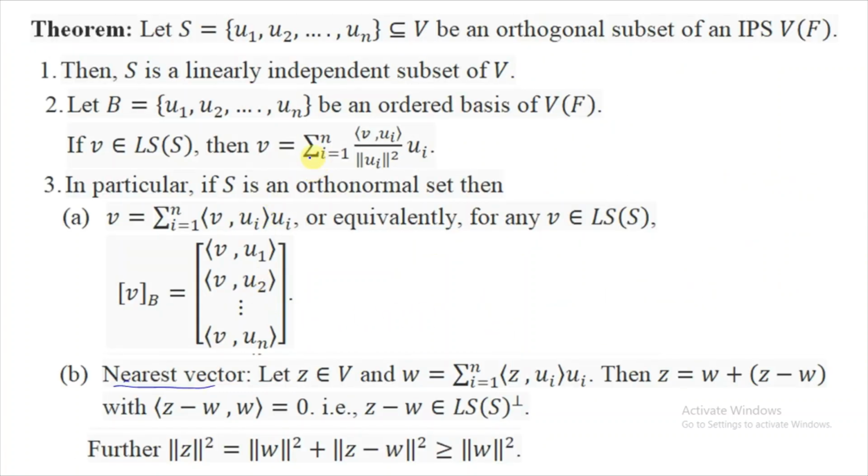The next one, be an ordered basis. It's a basis. If it's an ordered basis, we can write: suppose V belongs to the linear span of S. Now you have to prove this. Second one: let V belong to the linear span of S, where S is the set of vectors U1, U2, ..., Un.